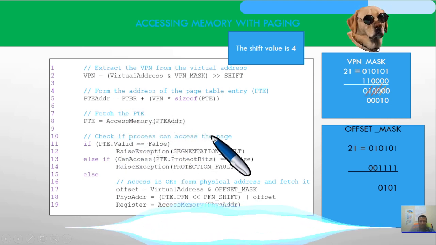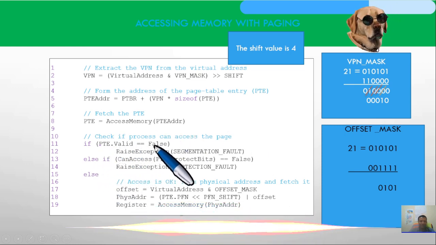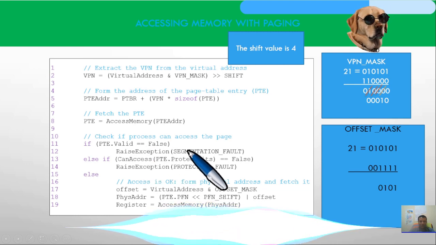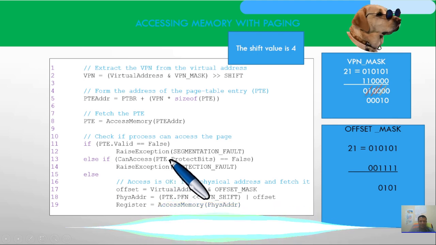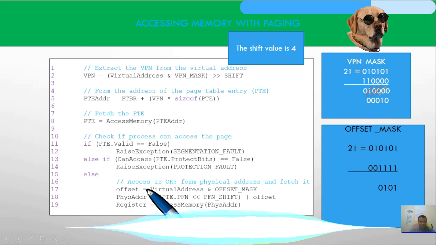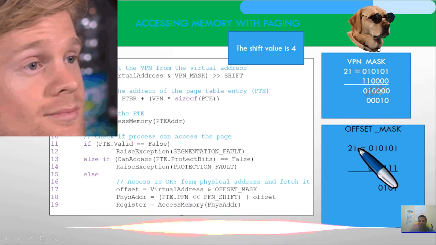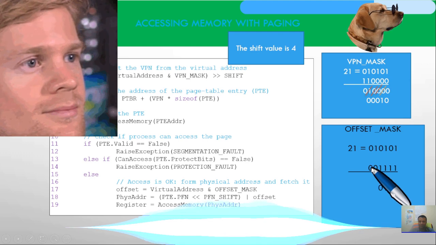Check if the process can access the page. Then we have an if clause here. If the PTE is not valid, raise an exception, segmentation fault. Else, if the PTE protection bit does not allow access, raise an exception. Else, access is okay, form the physical address and fetch it. The offset is equal to the virtual address AND the offset mask. What is the offset mask?